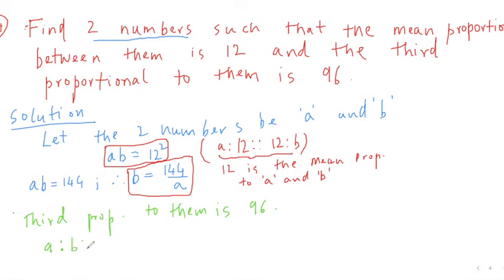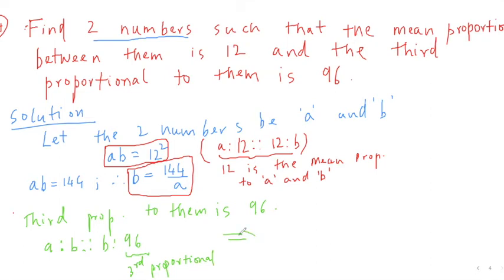A is to B is equal to B is to that number, the third proportional. Third proportional and mean proportional come only in continued proportion. It's the fourth proportional that's there in a regular ABCD proportion where four numbers are involved.